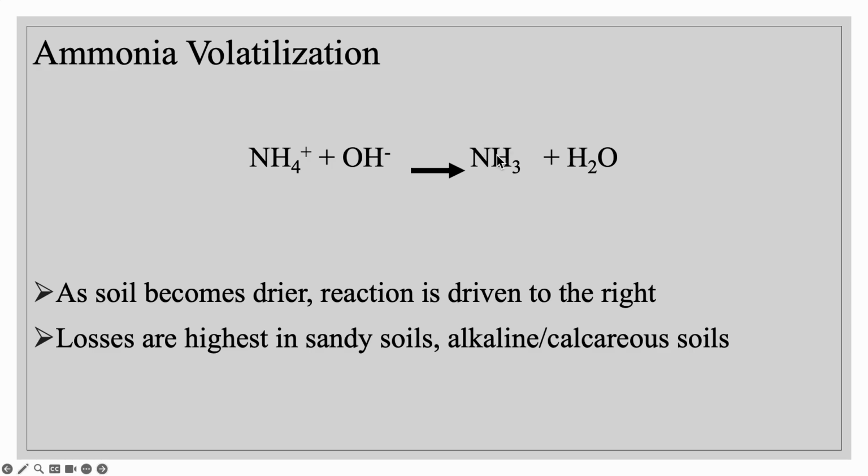This ammonia is a gas, and it will be volatilized. There are a few things that drive this reaction. Obviously, if we have high pH or a large hydroxyl concentration, we're going to get this rapid movement from ammonium to ammonia.